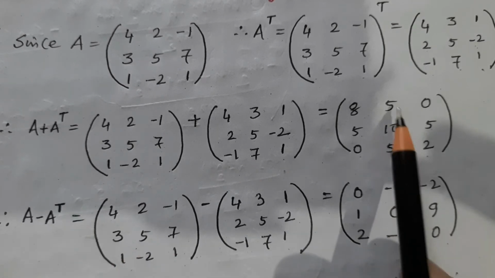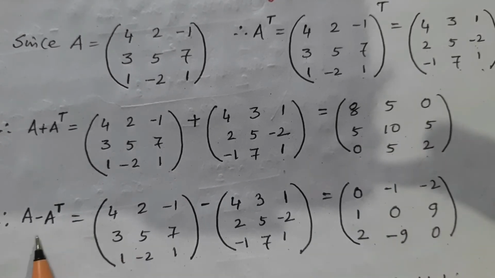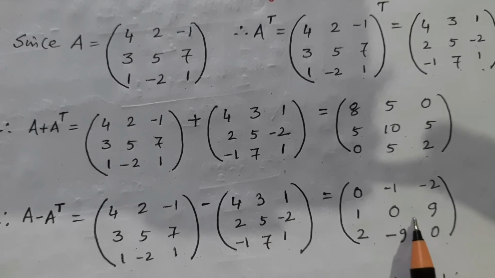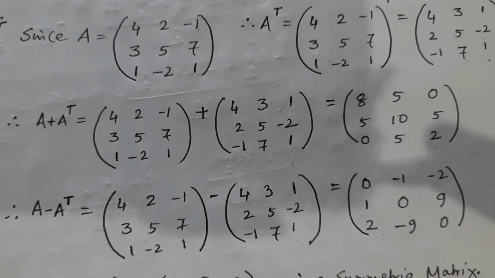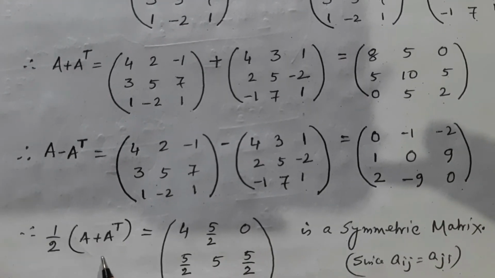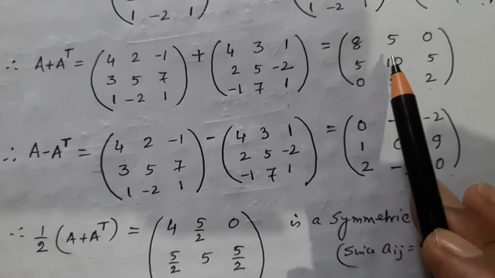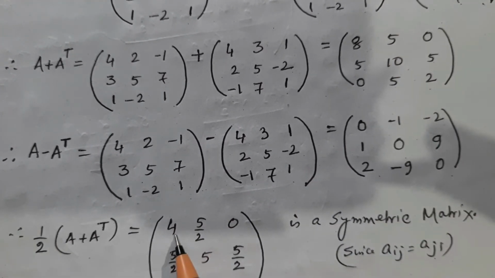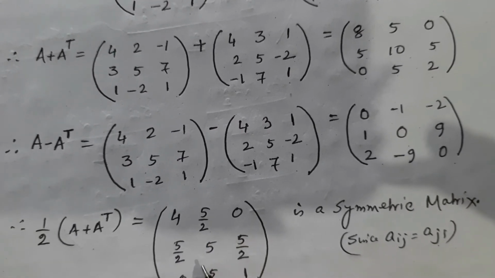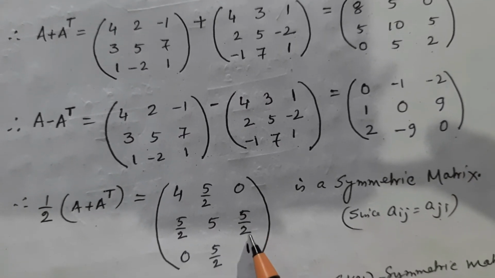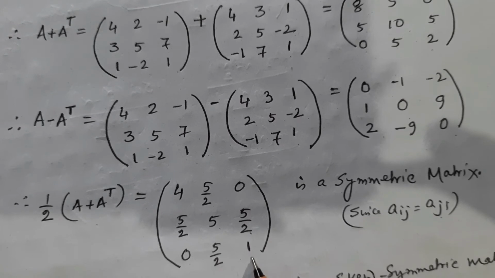A plus A transpose equals this, A minus A transpose equals this. Therefore half of A plus A transpose, that is multiplied by half with this matrix, we get [4 5 by 2 0; 5 by 2 5 5 by 2; 0 5 by 2 1].